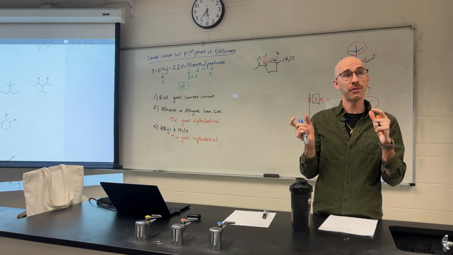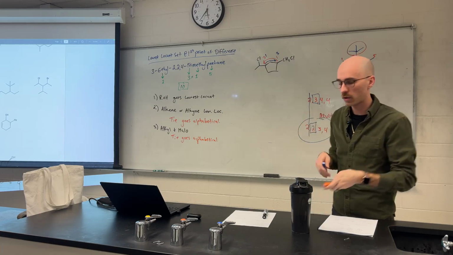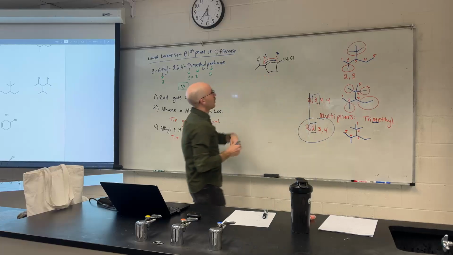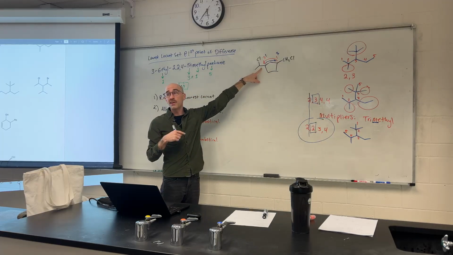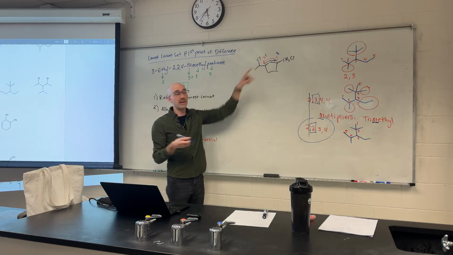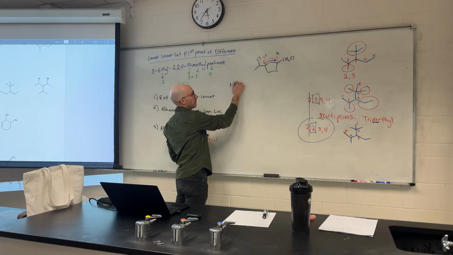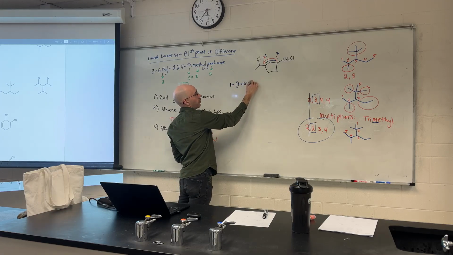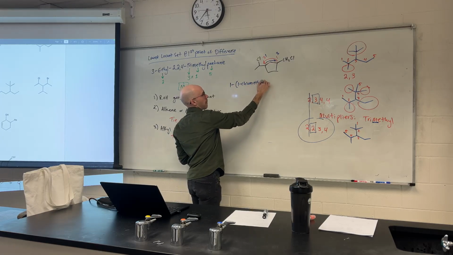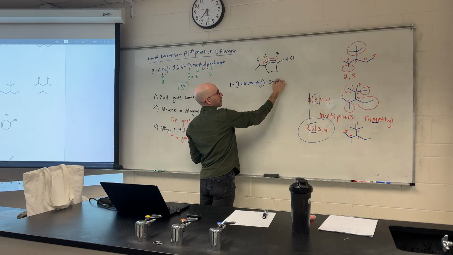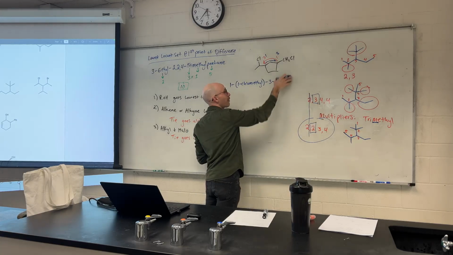So chloroethyl comes before chloromethyl, which means that I'll give my lower locant position to the first one alphabetically. So this is 1-(1-chloroethyl), 3-chloromethyl.